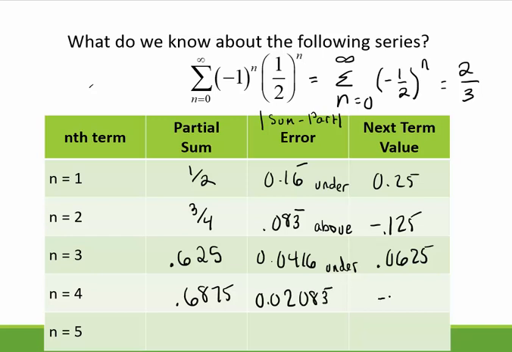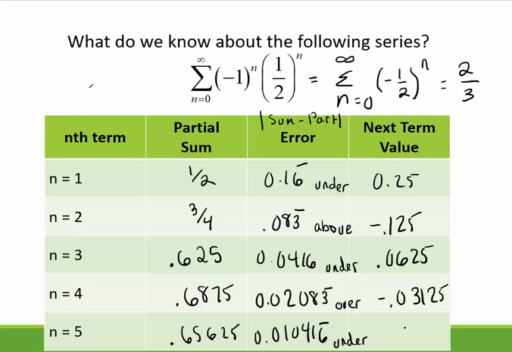The next term, negative 0.03125. And now this is over. So we have an over approximation comparing to our next term. So we're next at 0.70416, and this is an under approximation because our next term is 0.015625.